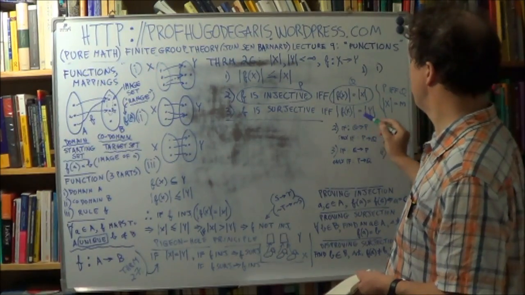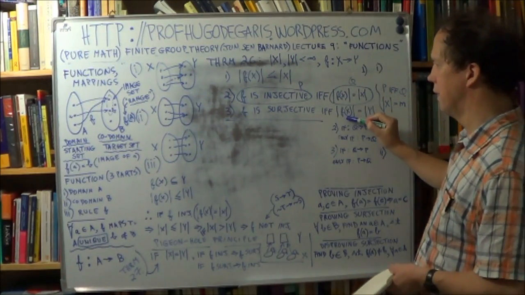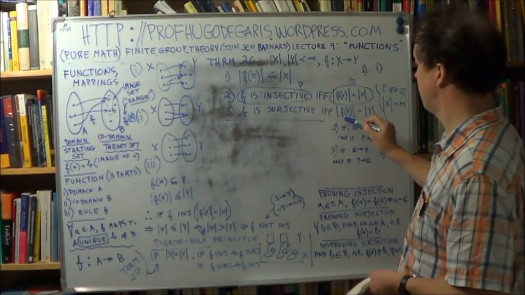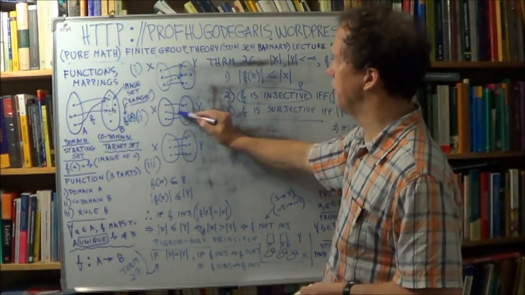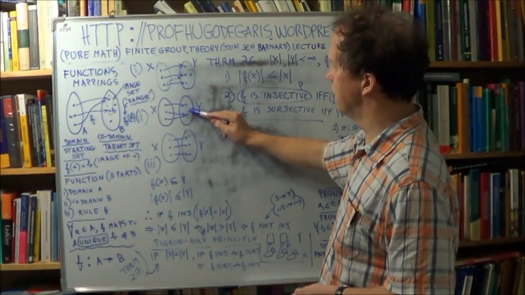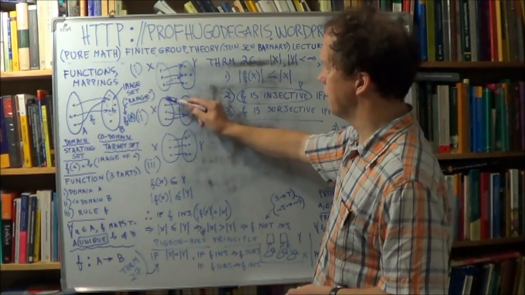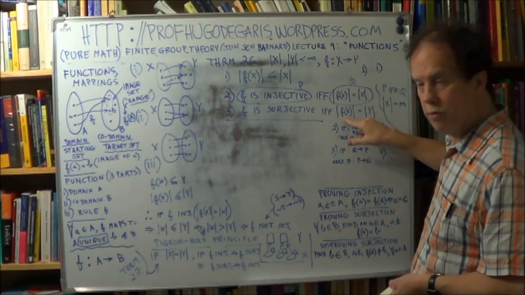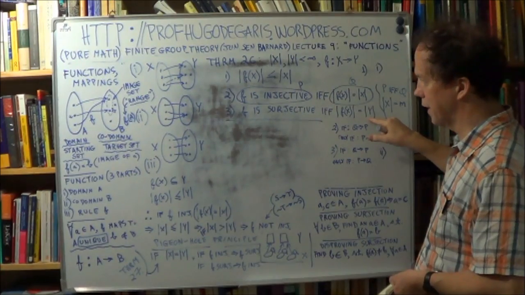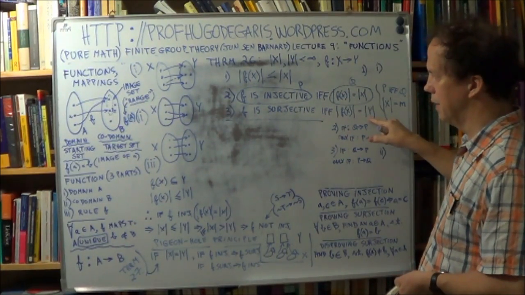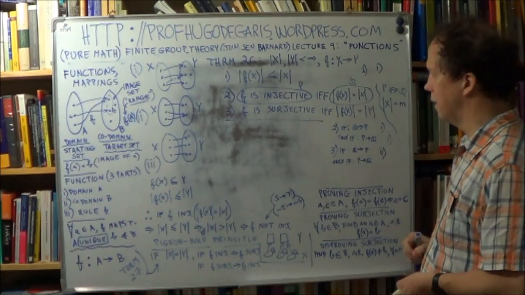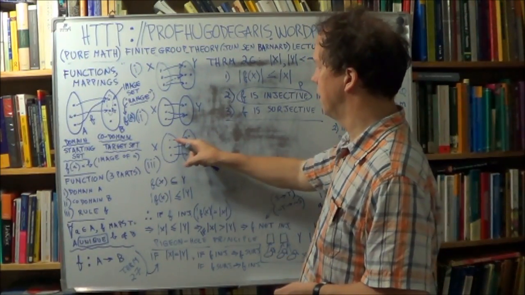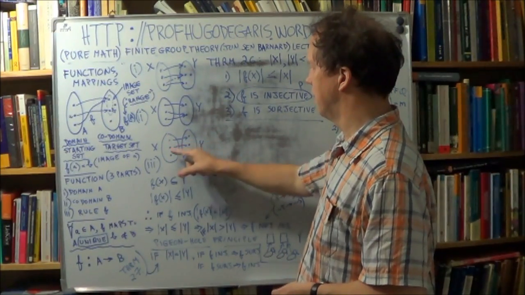So that also means there can be no many-to-ones, right? Here's an example of a many-to-one, but the size here is 2 and the size there is 3. So if the size of your range is equal to the size of your target set, then it must be 1-to-1.